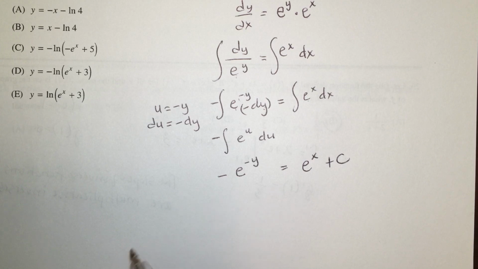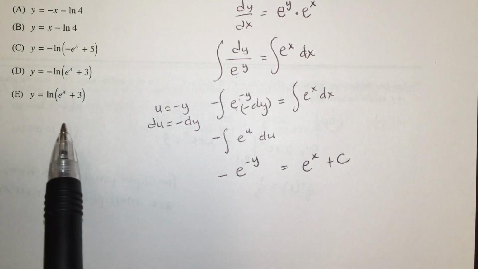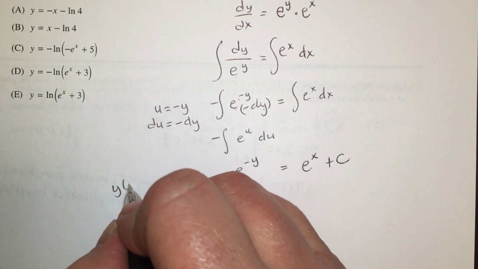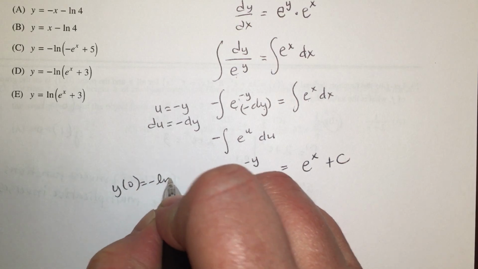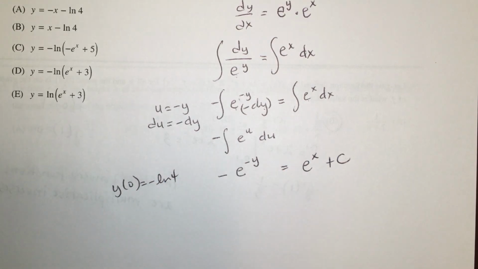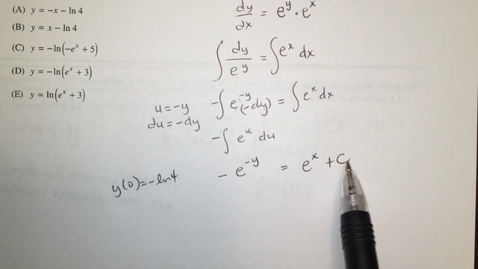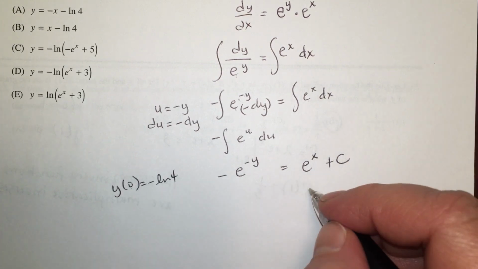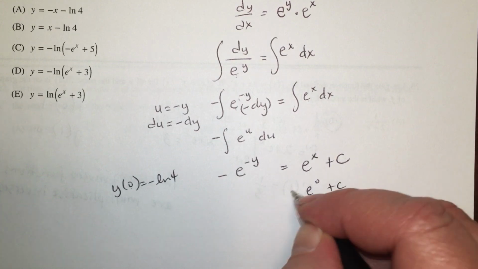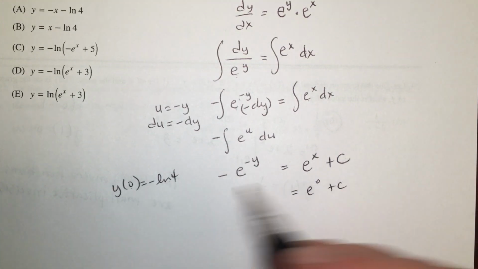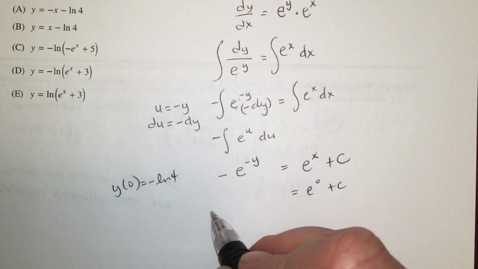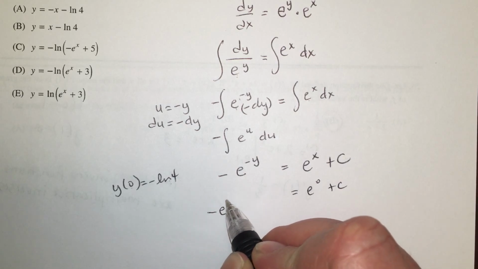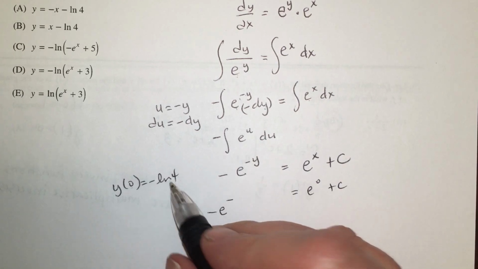Now we have an initial condition that y at 0 is equal to negative ln 4. So we're going to substitute in right here and solve for this arbitrary constant c. So that means if my x value is 0, then my y value is negative ln 4. So I get minus e to the opposite of y, and y is negative.